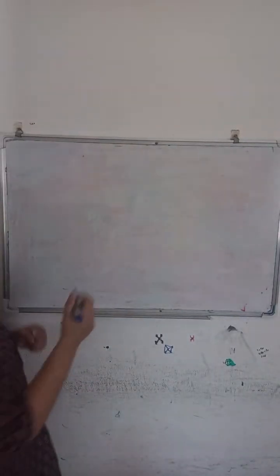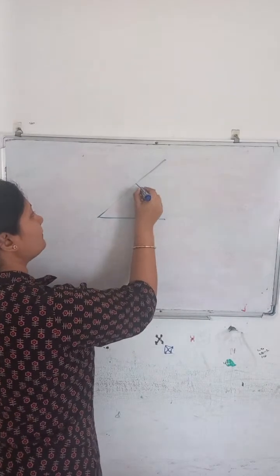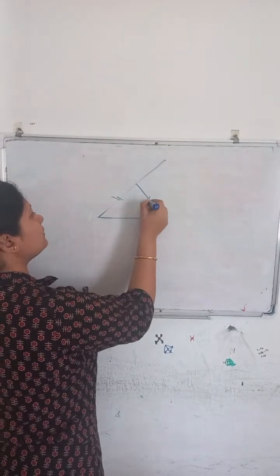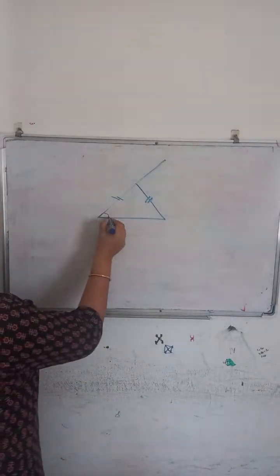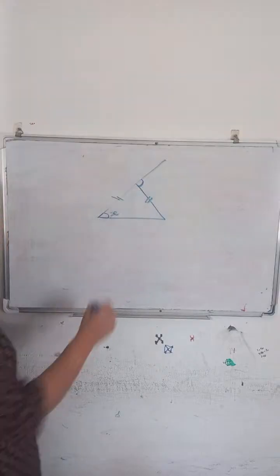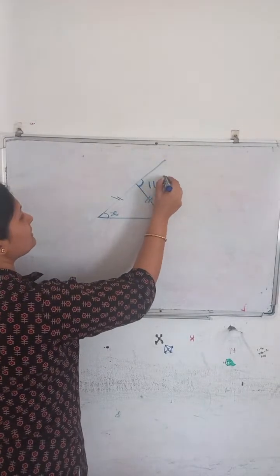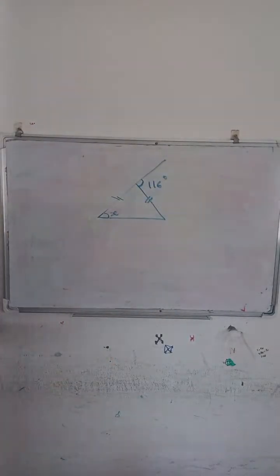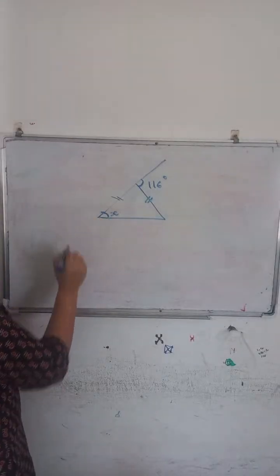These are the two equal sides. This is the angle X and this angle is given 116 degrees. And they are asking us the value for X.